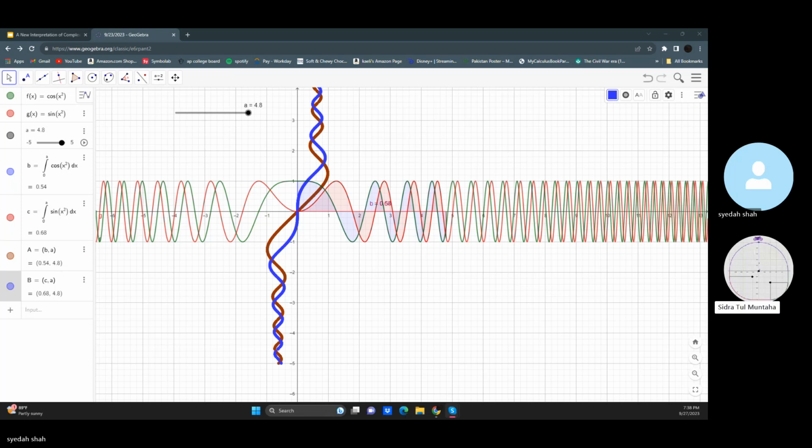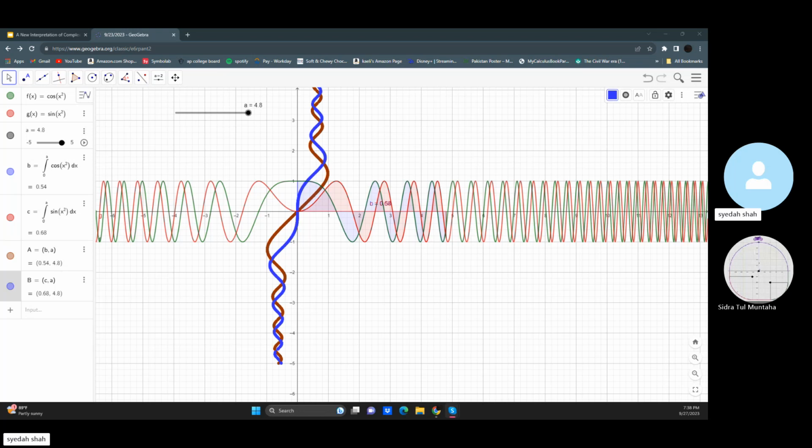Whatever this pattern is making, it's going in the y direction. So we want it for the x direction.